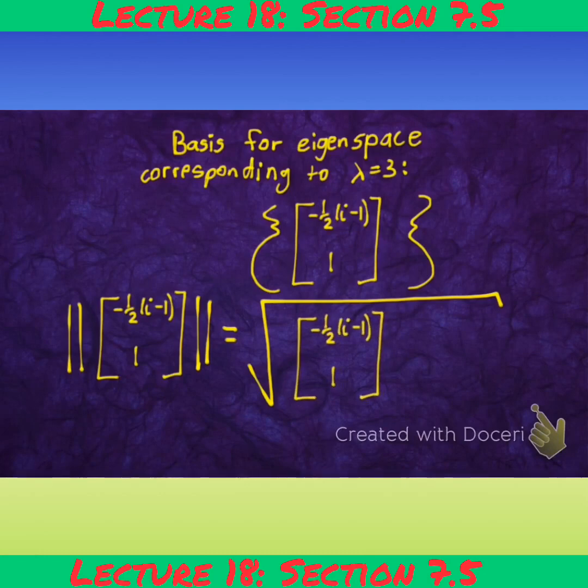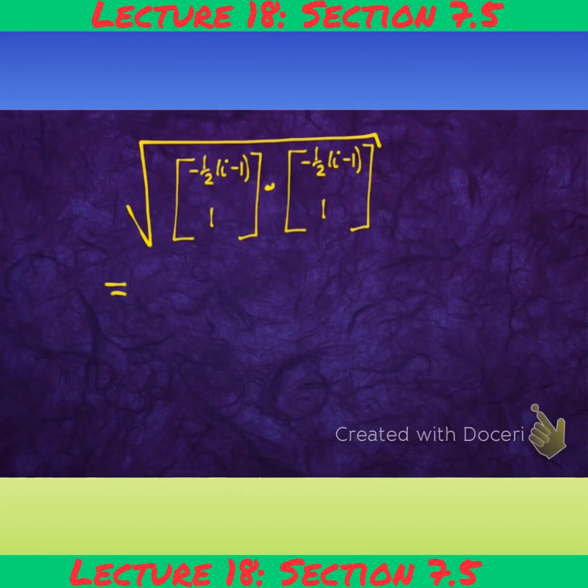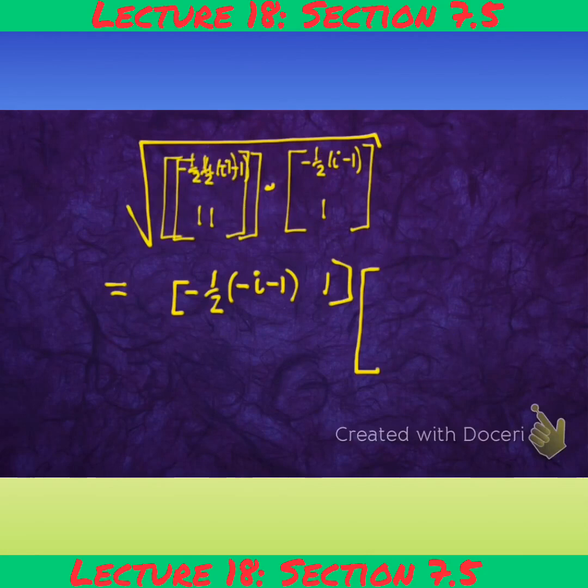So you take the vector, take the conjugate, and take the dot product with that vector.